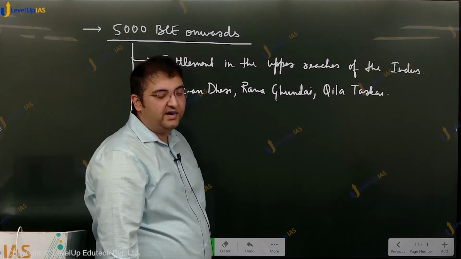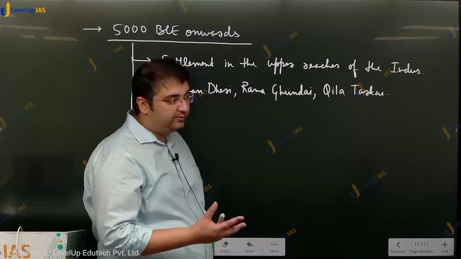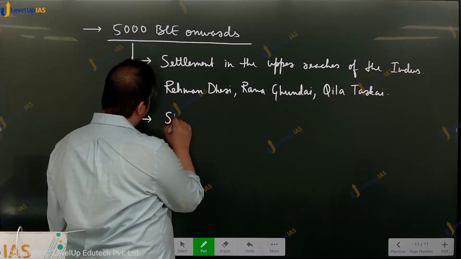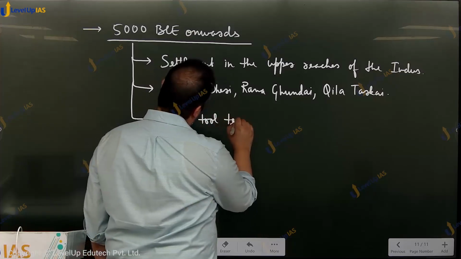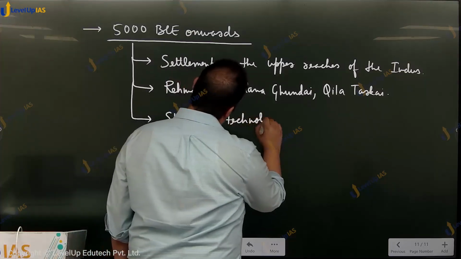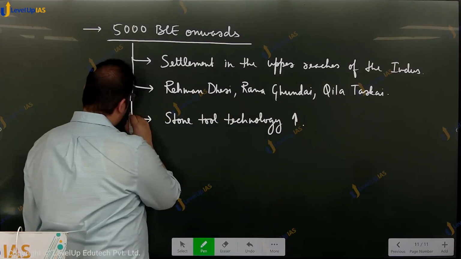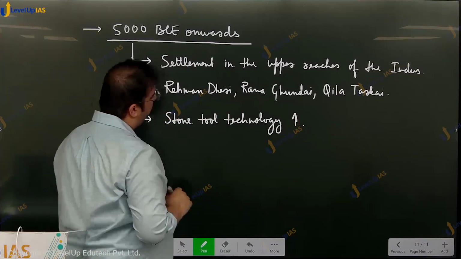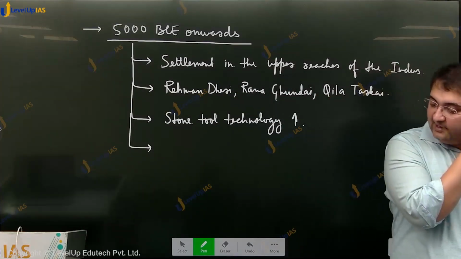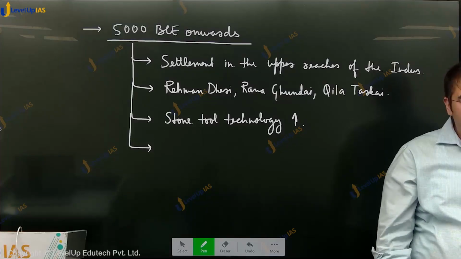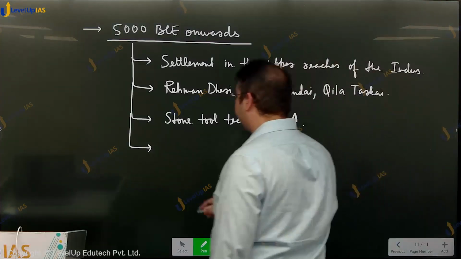At the same time, by this point of time, the Neolithic tool technology had also improved. And the combination of the presence of relatively more fertile lands and better technology resulted in the growth of agricultural productivity.